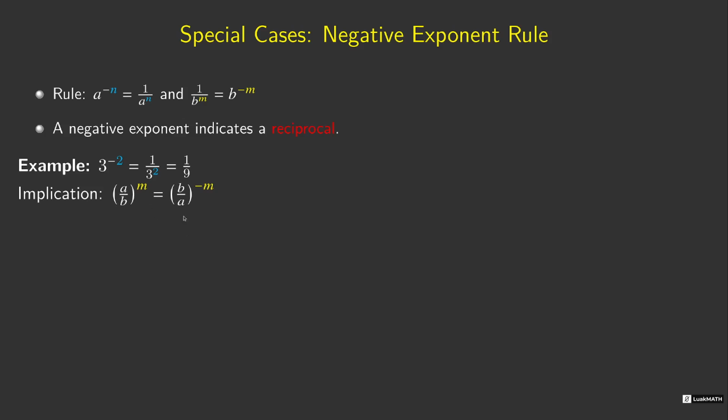Implication. This is my favorite so far of all the stuff we've seen. Notice here I have a quotient a over b raised to m. And notice how I can just flip the fraction and then negate the exponent. Trust me, if you take more math courses, you'll find this rule really useful, because it will help you simplify really complicated problems.